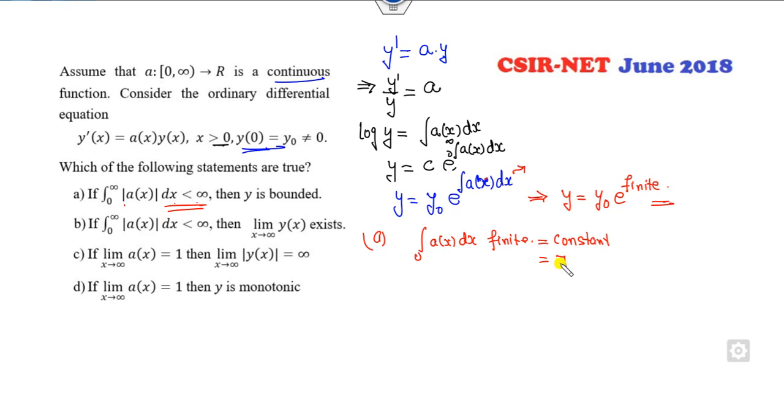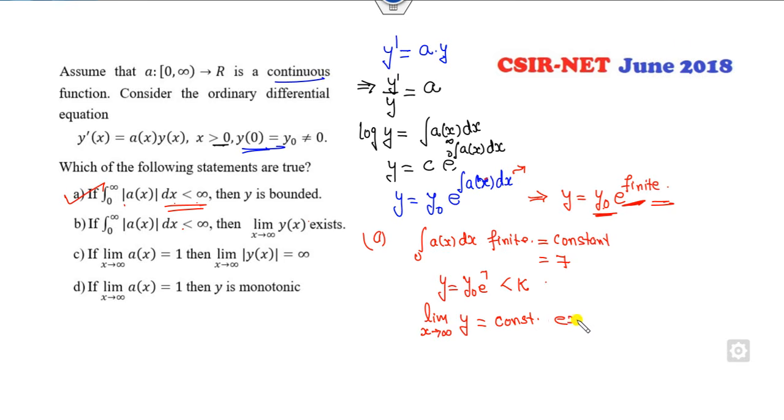So let's say it's 7, so this becomes y0 e raised to the power 7, which is always less than some number. So that means it's bounded, correct option. Whenever this condition holds, then the limit as x approaches infinity of y, since this is independent of x, is a constant number, so this is also a constant.